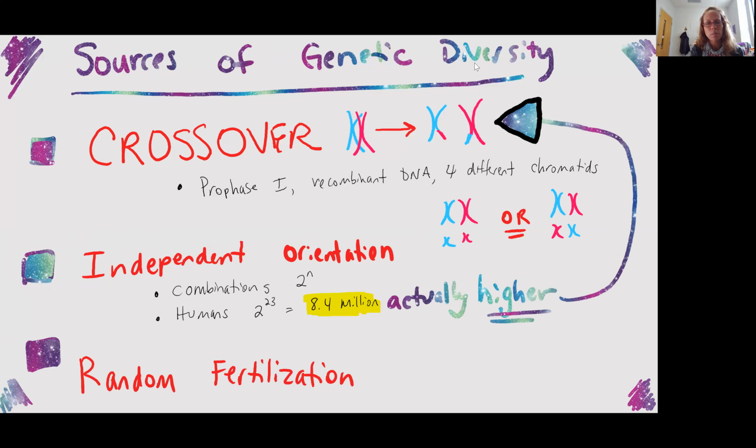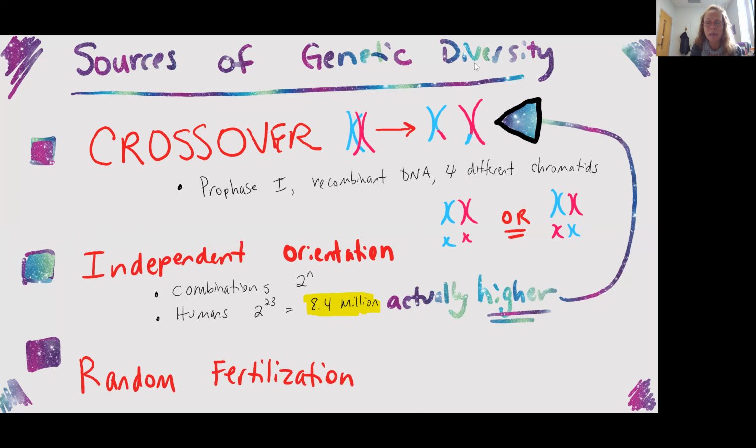And then the last bit of genetic diversity is coming from random fertilization. So again, there's so much diversity happening in the female in the production of her gamete. There's so much diversity happening in the male in the production of his gamete that we don't know which one of those sperm is going to fertilize which egg that was formed. And so that's given us a third source of genetic diversity.